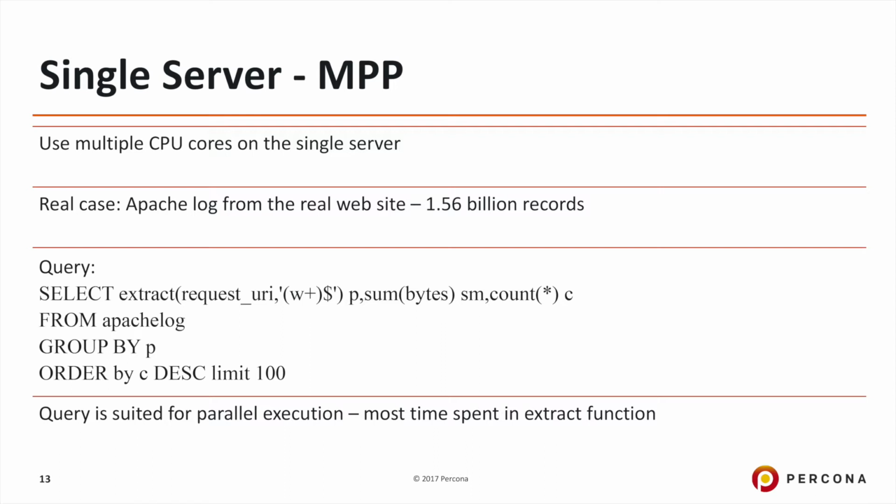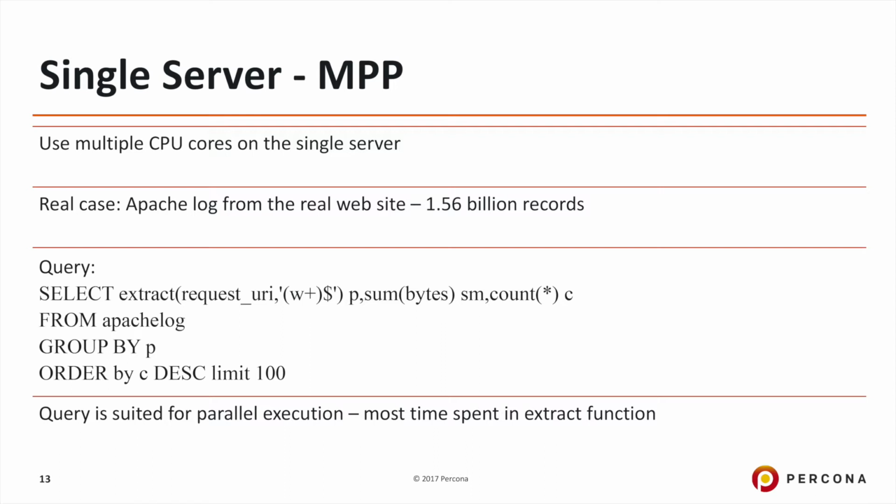So I wanted to take a look at several queries. First query, which in my opinion is very suited for parallel execution. This query is more CPU intensive, because it works on a regular expression on one field.